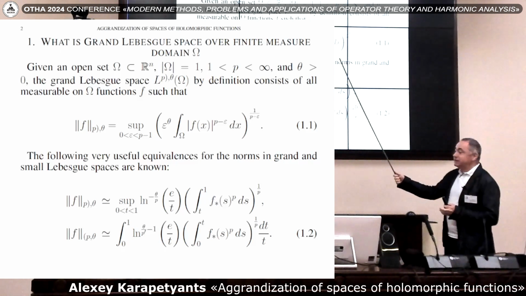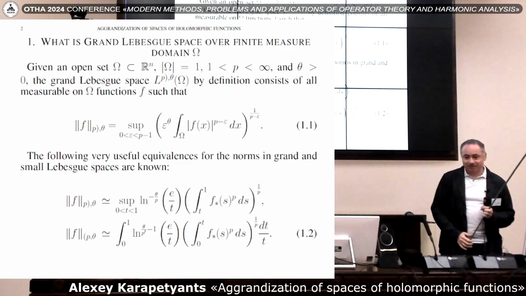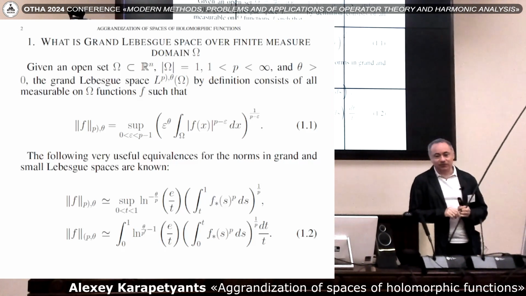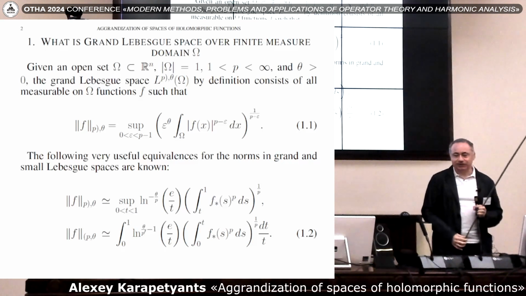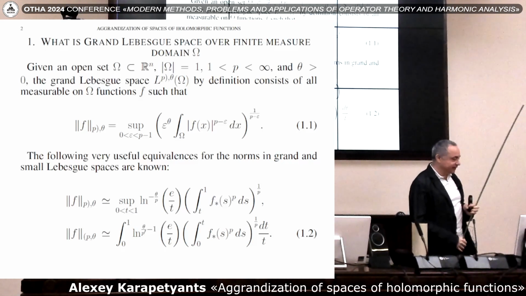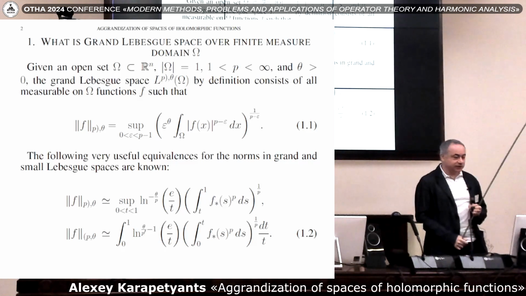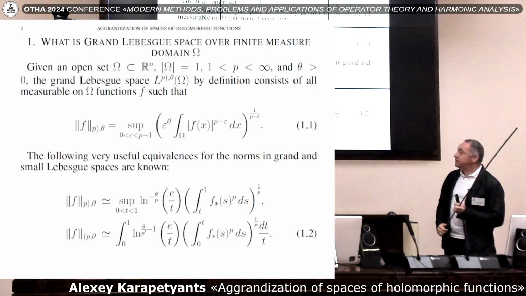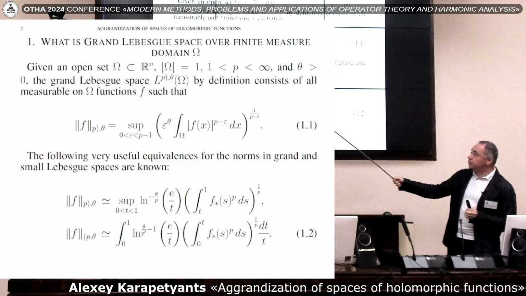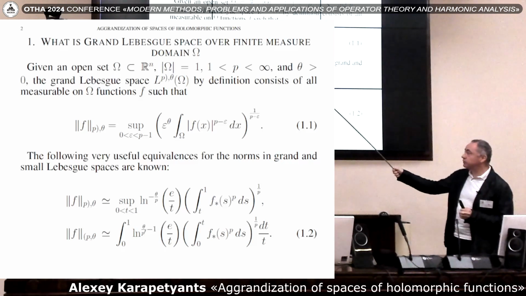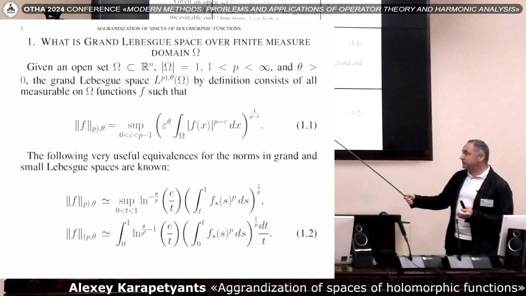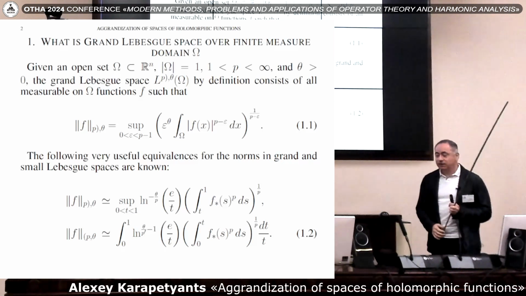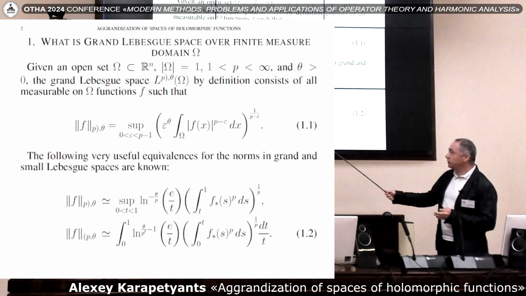Well, as you can see, the norm is pretty bad, because when you have a supremum, it's not so easy to think about approximations and some other issues. People also calculated the norm of grand space in terms of rearrangements, but even these norms are not so explicit. This is just for information.